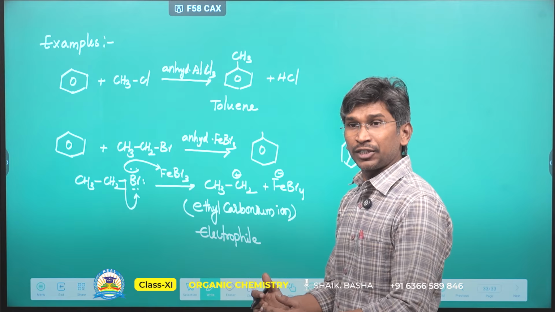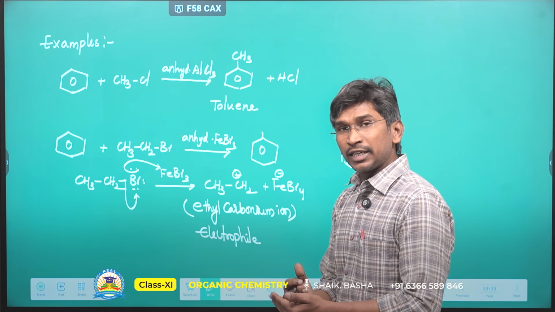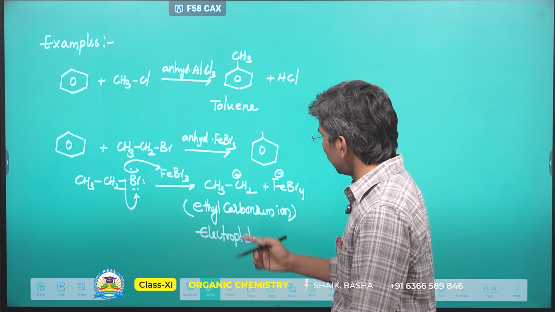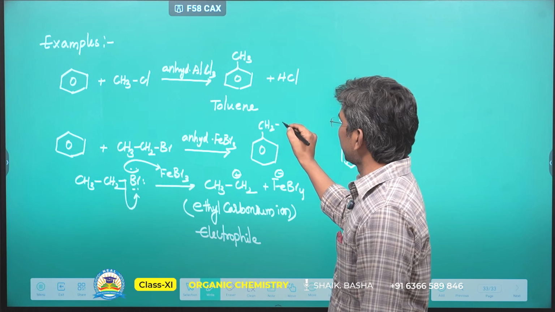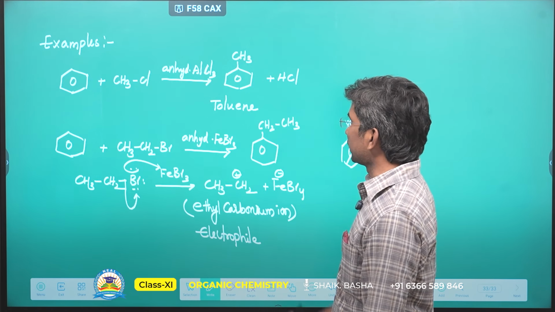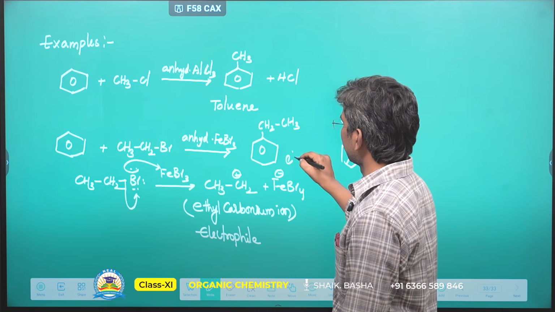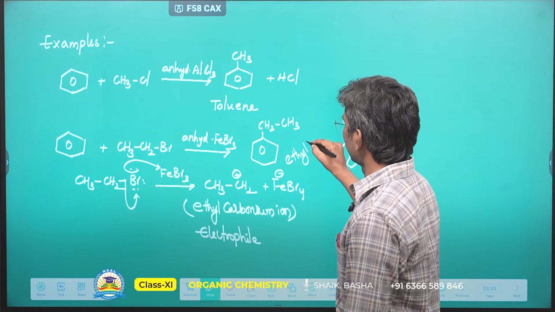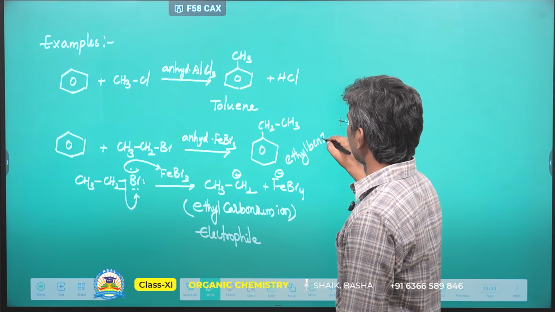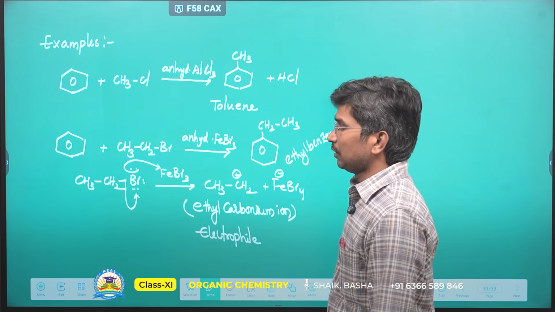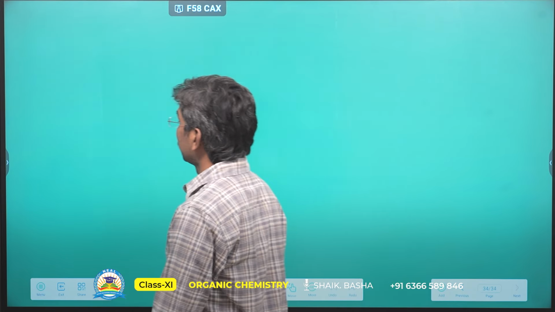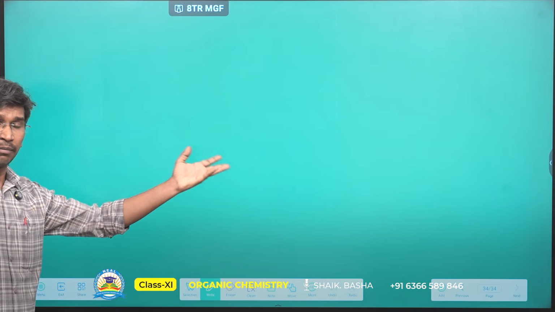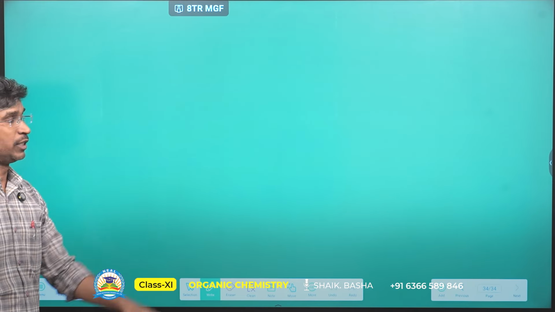That electron deficient carbon requires electrons. It is taking an electron pair from the benzene ring. So this carbon should be connected to the benzene ring, CH2CH3. So what is the name of this one? Ethyl benzene. We'll see some more examples. That is fine. Ethyl group, ethyl benzene. Methyl group, methyl chloride, methyl benzene is formed.